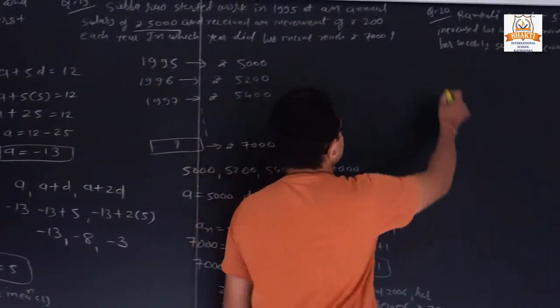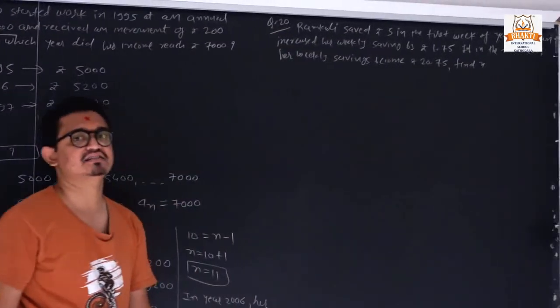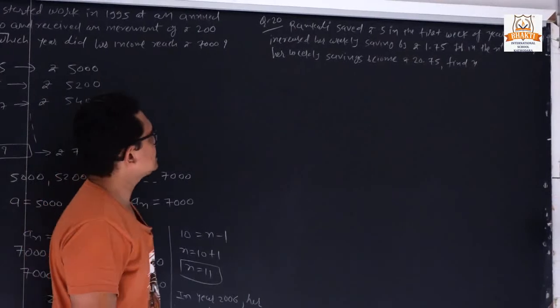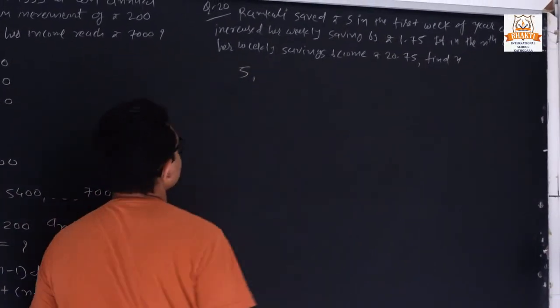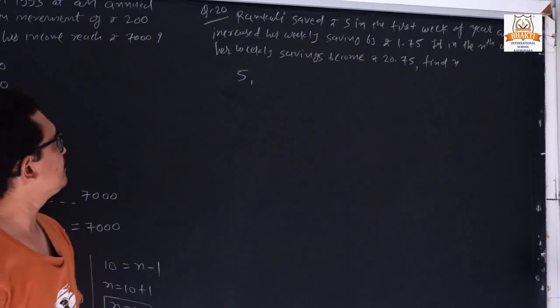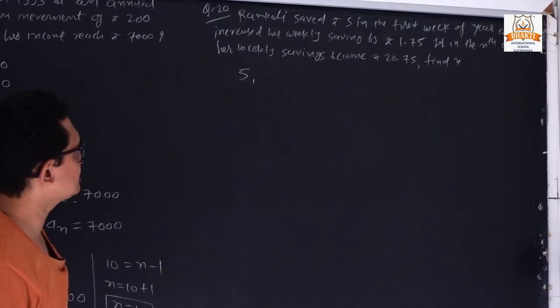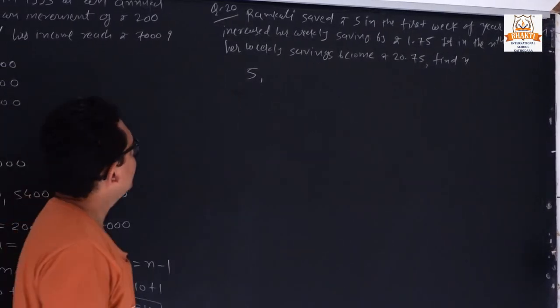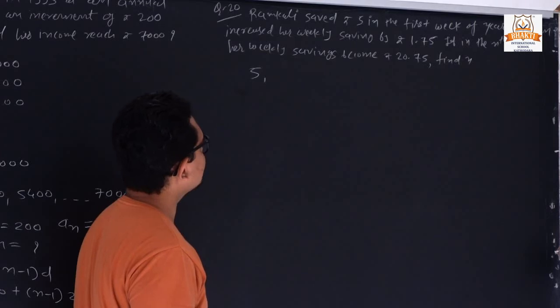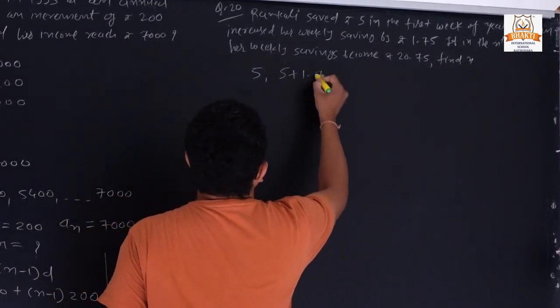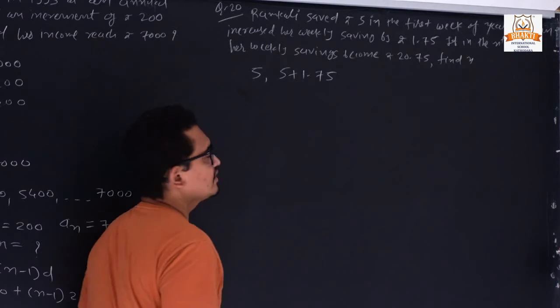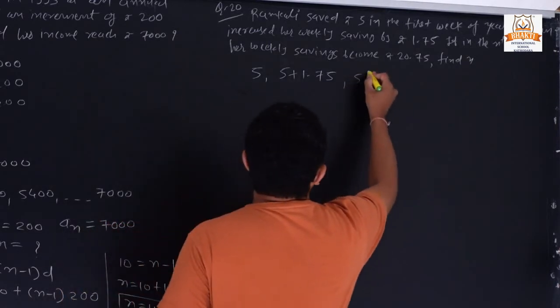Next question, last question of that exercise. Ramakali saved 5 rupees in her first week. So one of the girls whose name is Ramakali, her first week's saving is 5 rupees, and then she increased her weekly saving by 1.75. So it means in the second week, like that, then the third week.